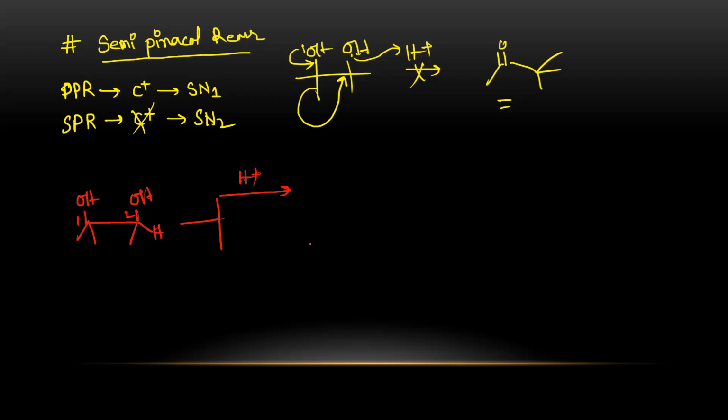The first one, because of the 3-degree carbocation, right? Then what will happen? Migratory aptitude: which will migrate? Hydrogen will migrate. So our product will be like this.